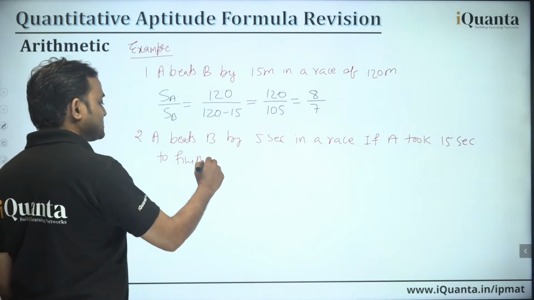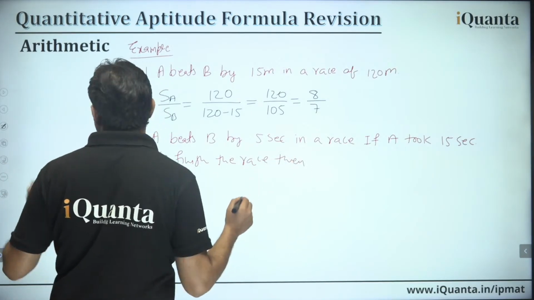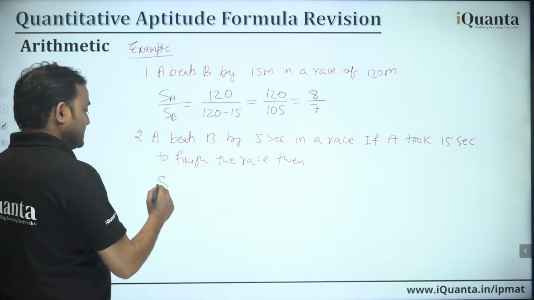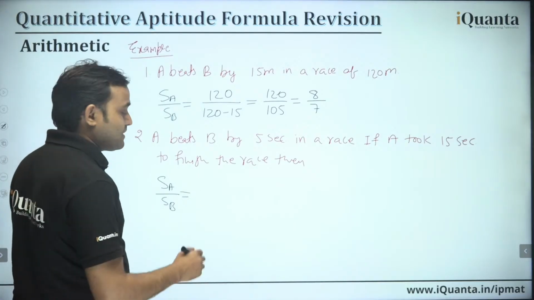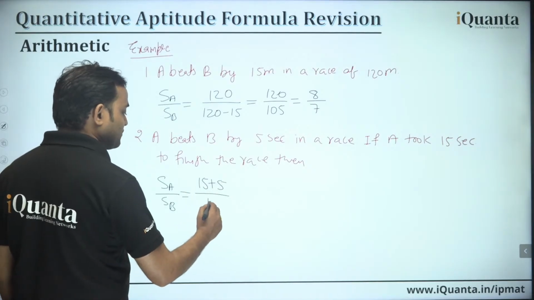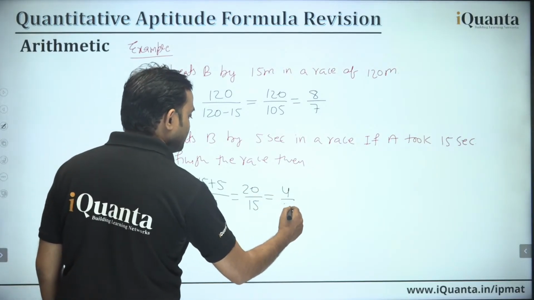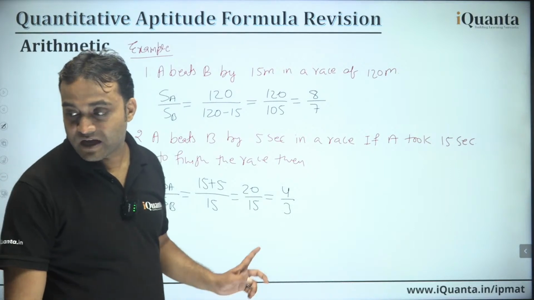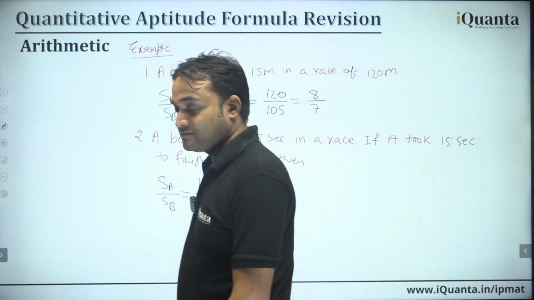Then speed of A upon speed of B will be equal to the time taken by B to finish the race, which is 15 plus 5, upon the time taken by A to finish the race. This is 20 upon 15, which can be written as 4 by 3. Now do you understand how to use this formula? Is that clear now, Rocky?